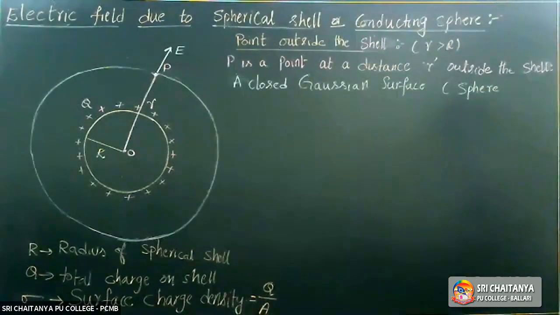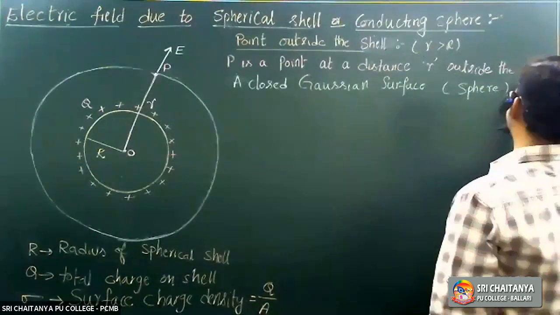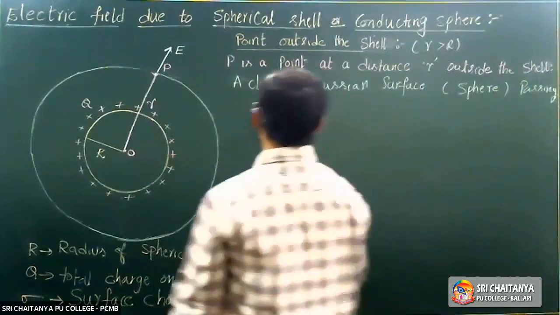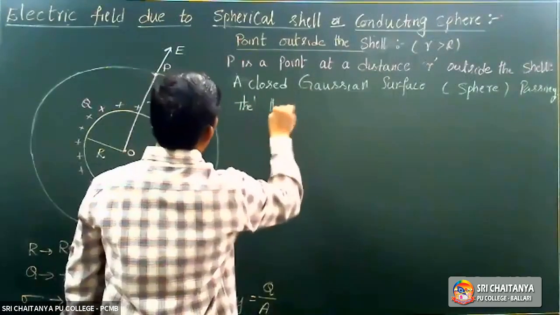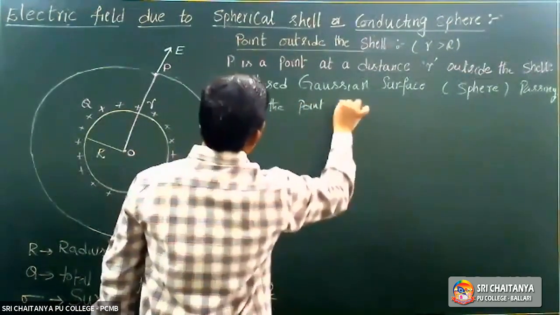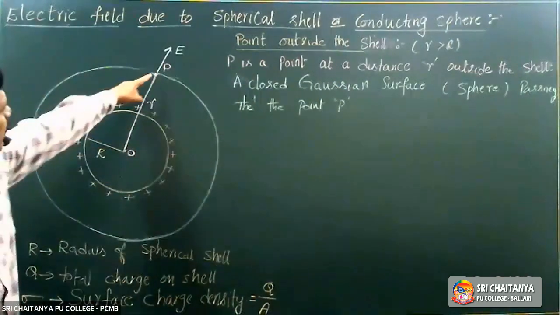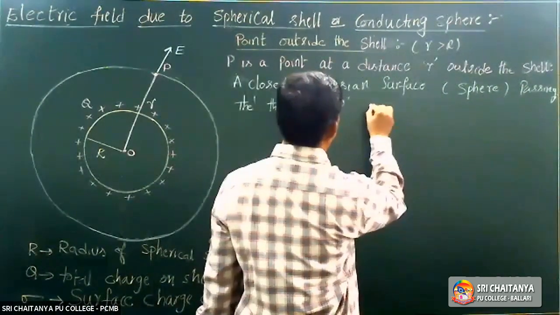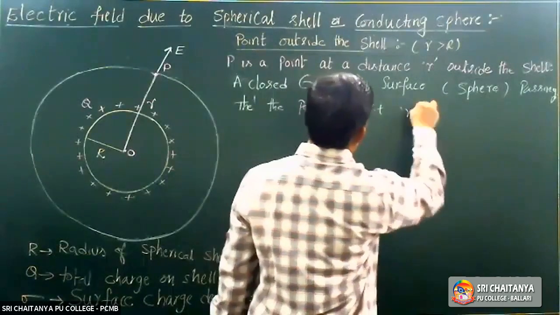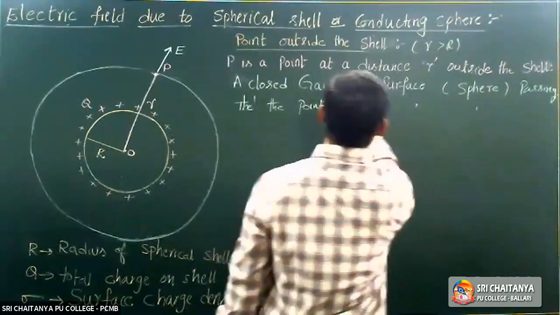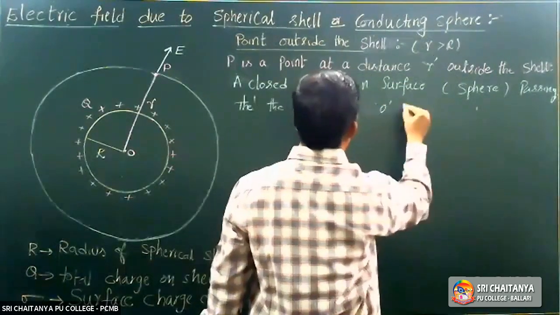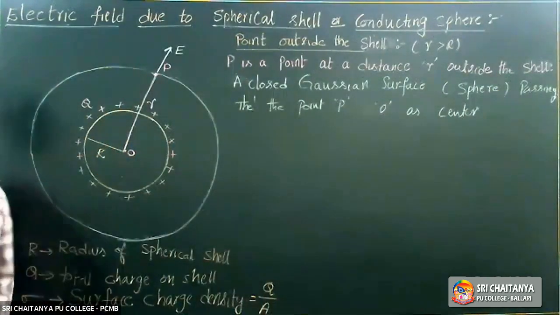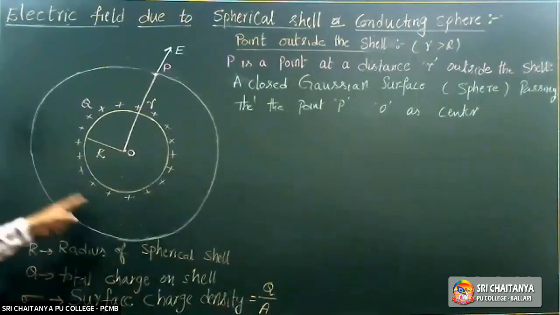That closed Gaussian surface is also like a sphere, passing through the point P, with O as center, right? Second step is completed.